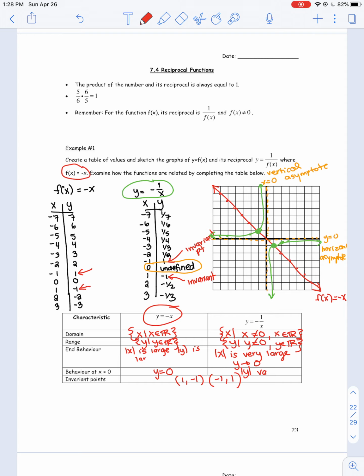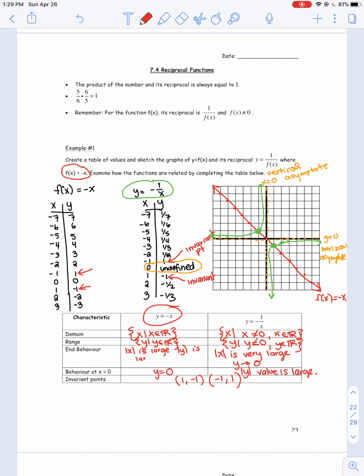So in this case, we actually had a value, but in the case of the reciprocal, when x equals 0, the y value becomes really large. That's what I wanted to state right there. And the invariant points are shared.